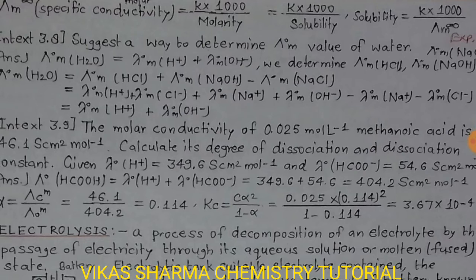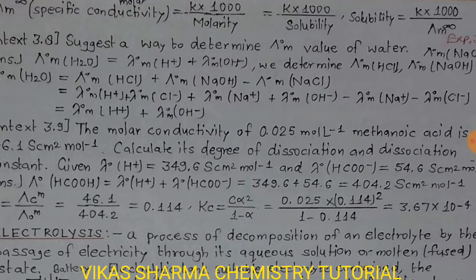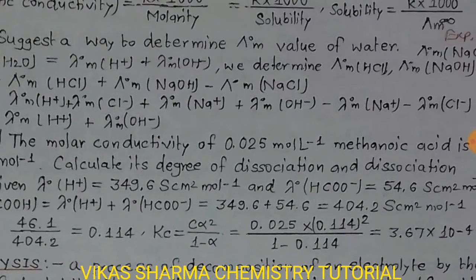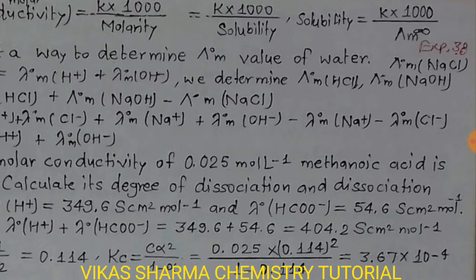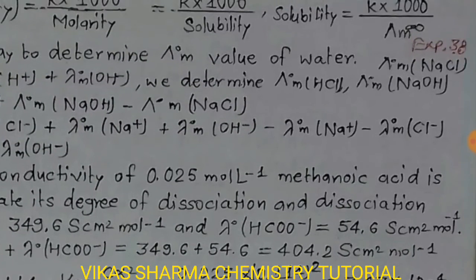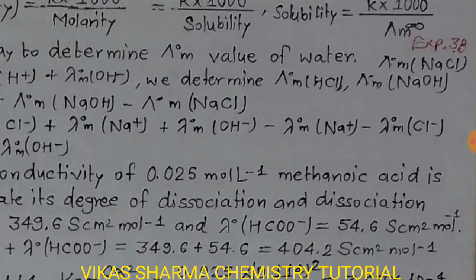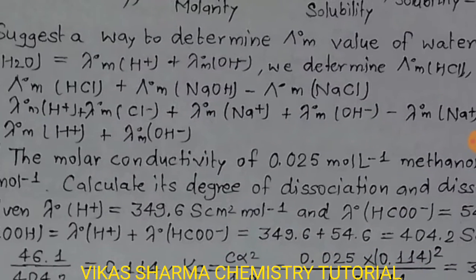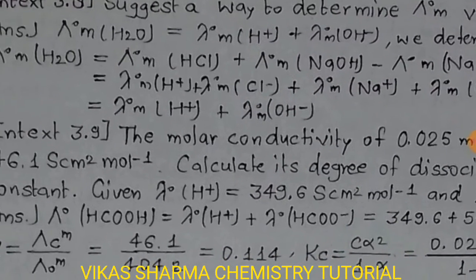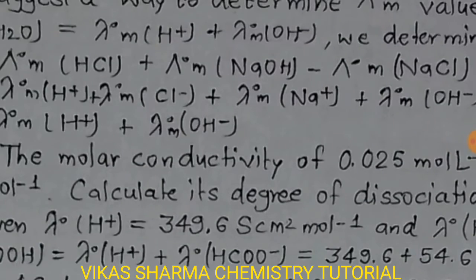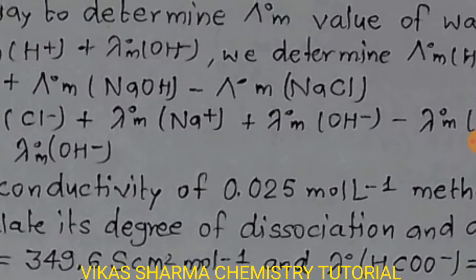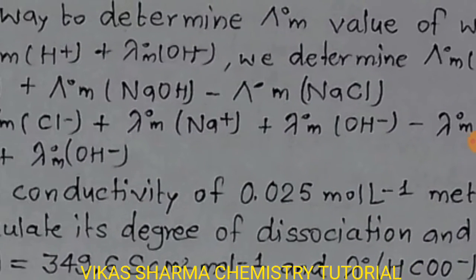So students, the molar conductance of water is equal to the molar conductance of the hydrogen ion plus the molar conductance of the hydroxide ion. So we determine the molar conductance of HCl and the molar conductance of sodium hydroxide. The molar conductance of water is equal to the molar conductance of HCl plus the molar conductance of sodium hydroxide minus the molar conductance of NaCl.